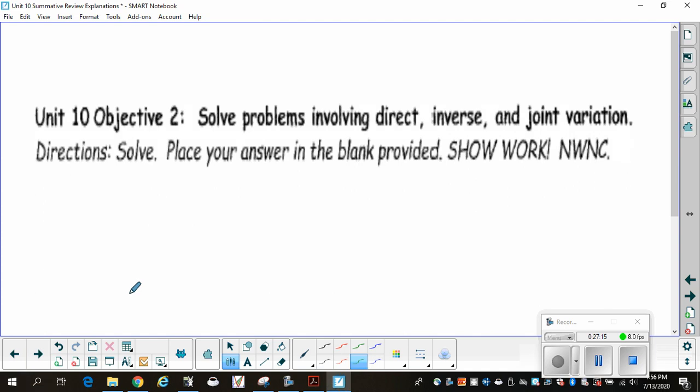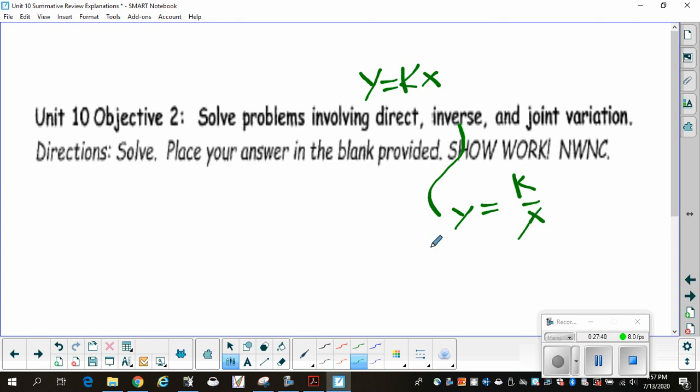I want to go on to Unit 10, Objective 2, solving problems involving direct, inverse, and joint variation. Direct variation: y equals kx. Inverse variation: y equals k divided by x.